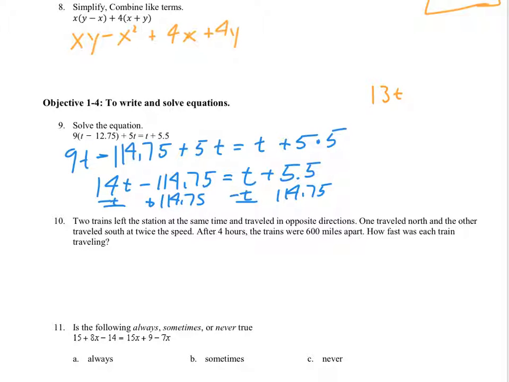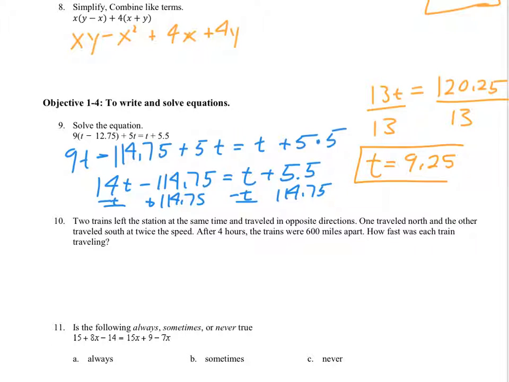So that ends up giving us 13t equals 120.25. So then we just divide by the 13. And that turns out to be a nice terminating decimal. We get exactly 9.25. So I'm okay with that because that is exact.